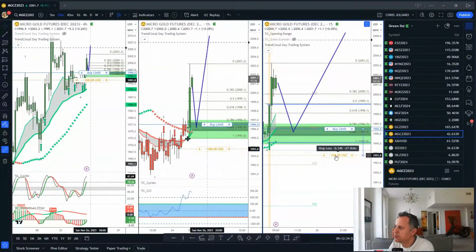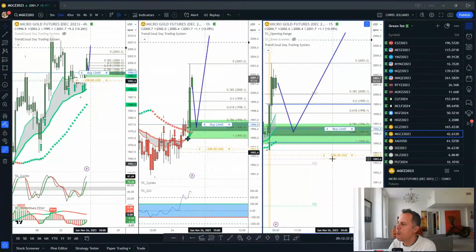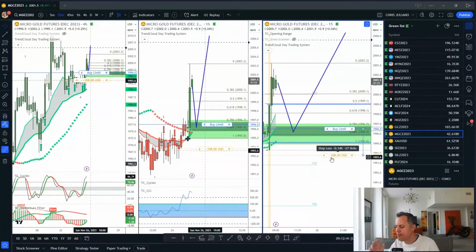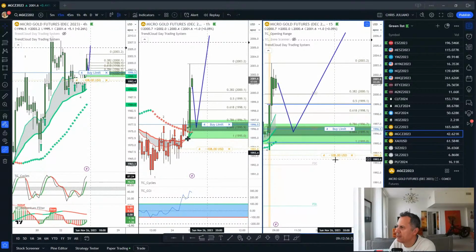Now, if you're placing this trade and you're saying to yourself, I don't want to lose $108. Well, I don't know what to tell you. You may have to. This is only a little more than 0.5% of our total current account value, right?